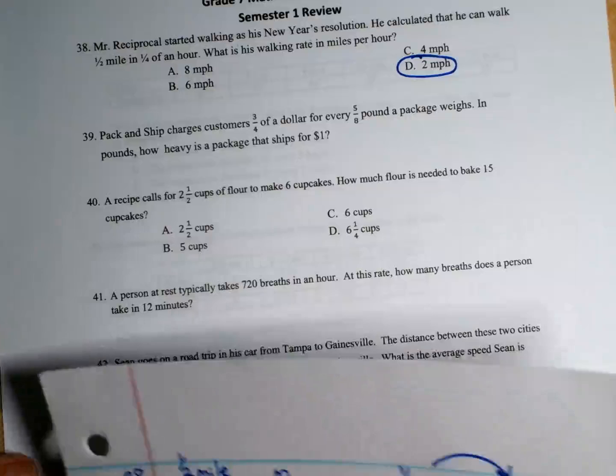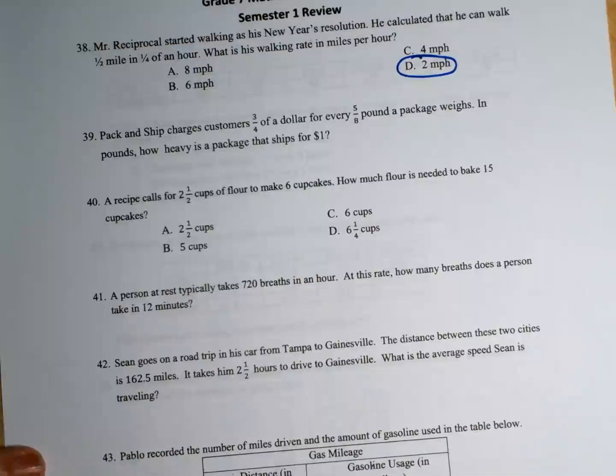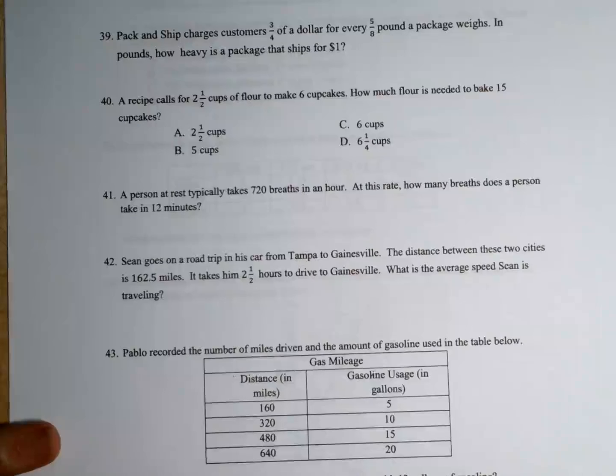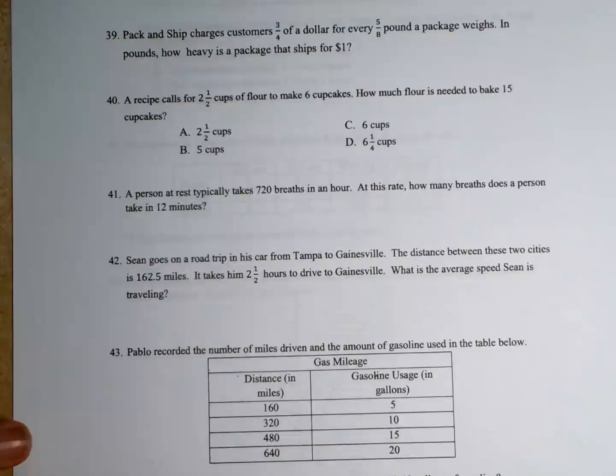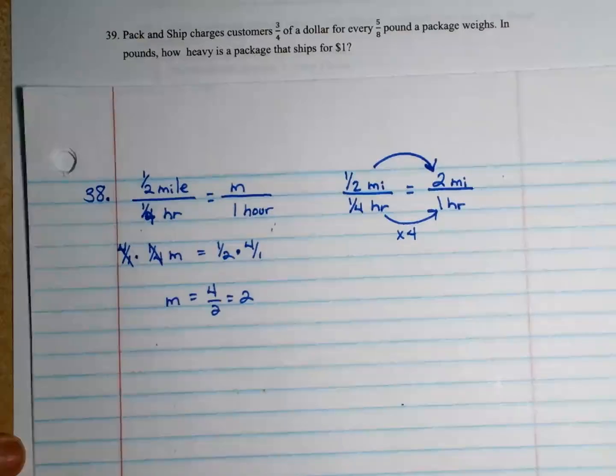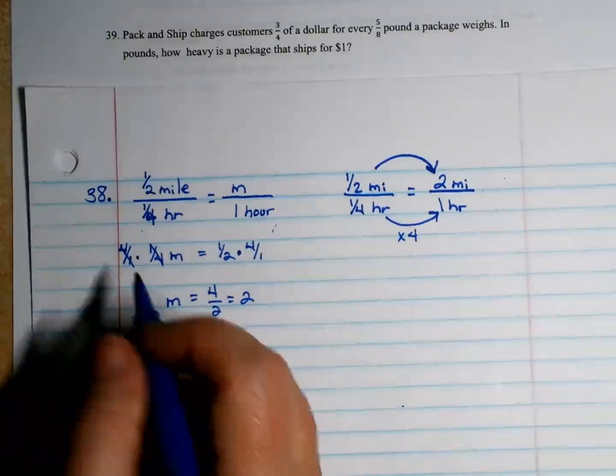Alright, number 39. Pack and Ship charges customers $0.75 for every 5/8 of a pound that a package weighs. In pounds, how heavy is a package that ships for $1? Okay, so this is going to be set up similar to number 38.